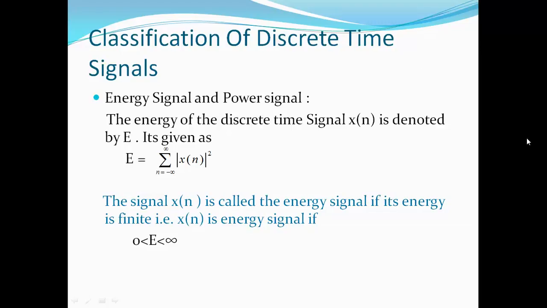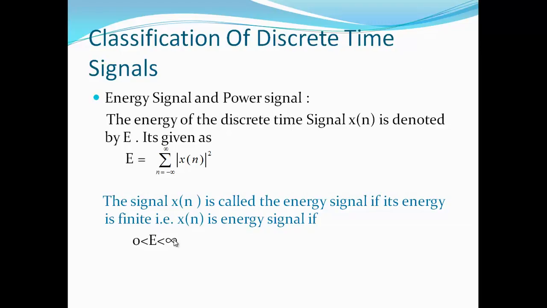The energy of the discrete time signal x(n) is denoted by E and is given by the summation from n equals minus infinity to infinity of modulus of x(n) squared. The signal x(n) is called an energy signal if its energy is finite, that is, E should lie between 0 and infinity.